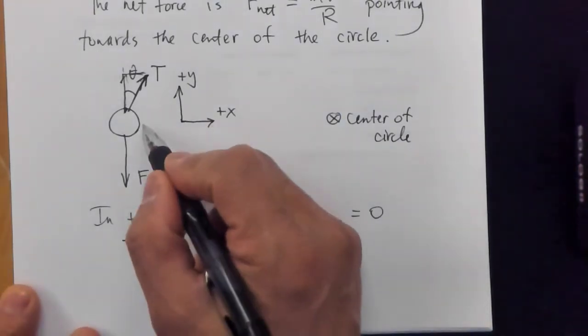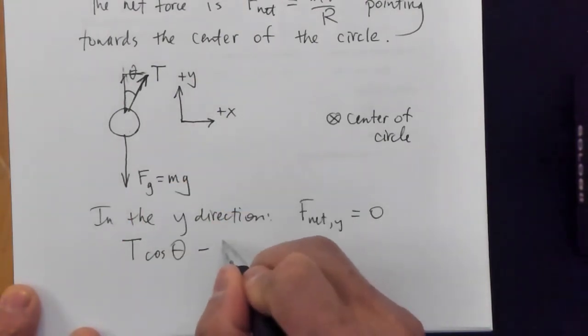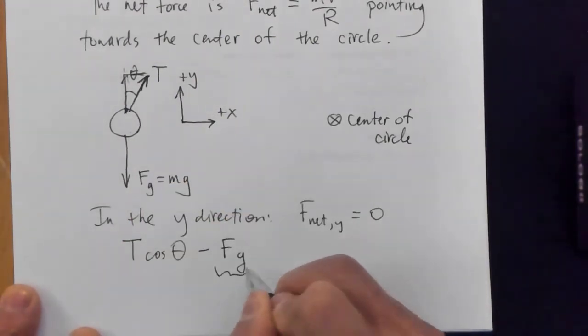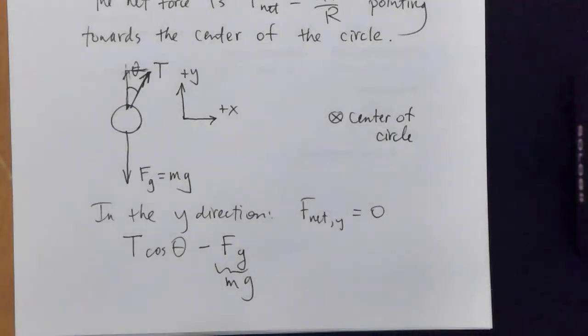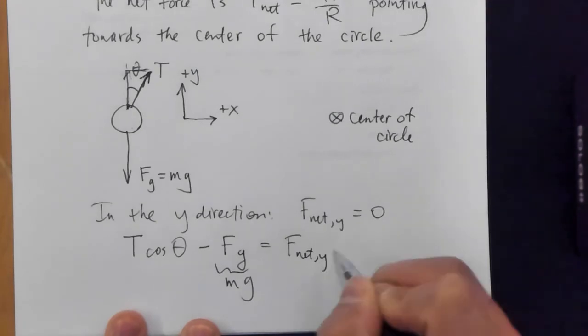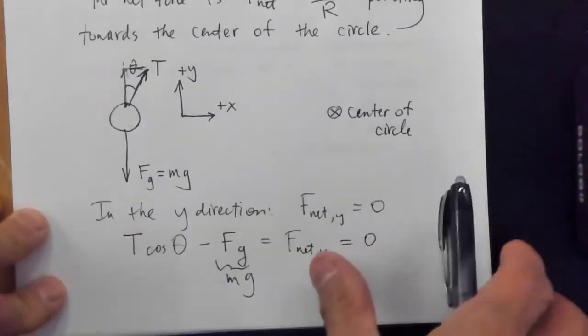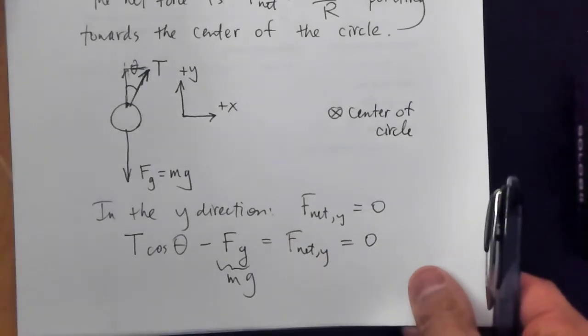And then, because this is going down, we have Fg, which is equal to m times g. And since this is equal to the net force in the y direction, it's equal to 0. Okay. Does everybody follow this? Make sense? Okay, yeah.